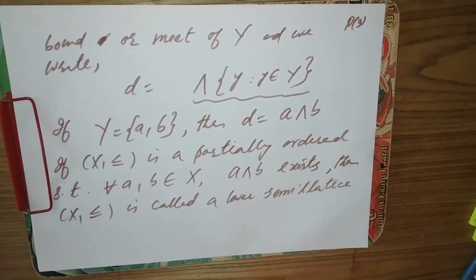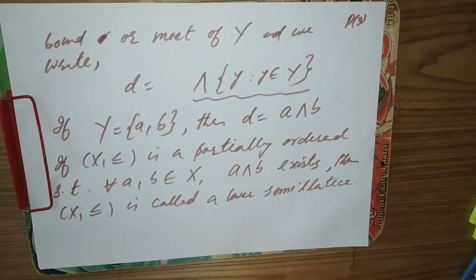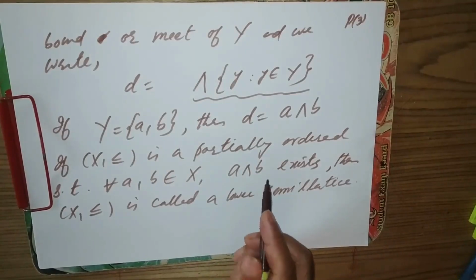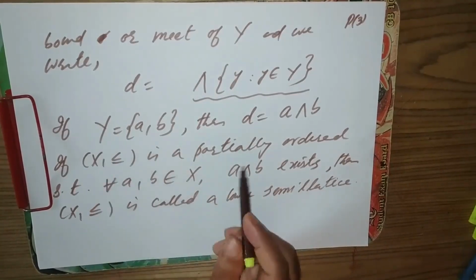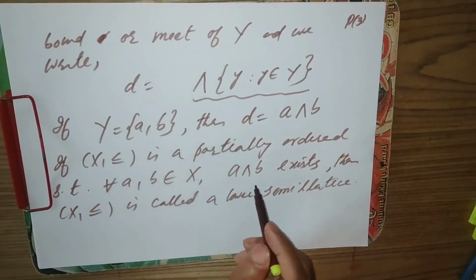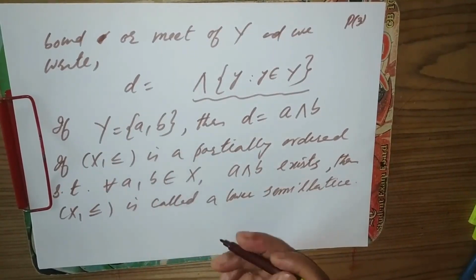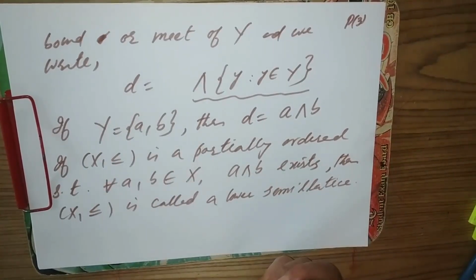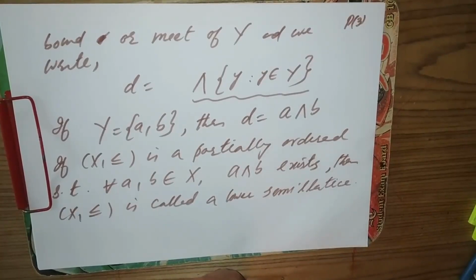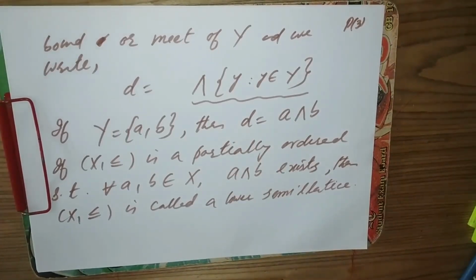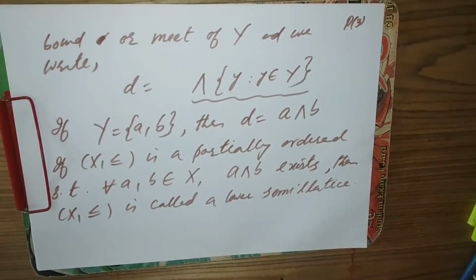In case for any subset Y of X, the greatest lower bound of Y exists, in that case we call (X, less than or equal to) a complete lower semilattice.